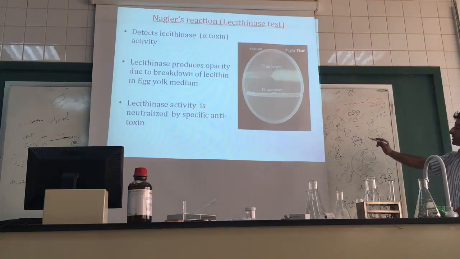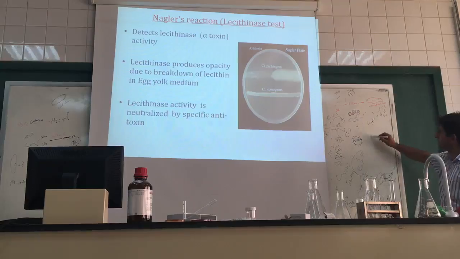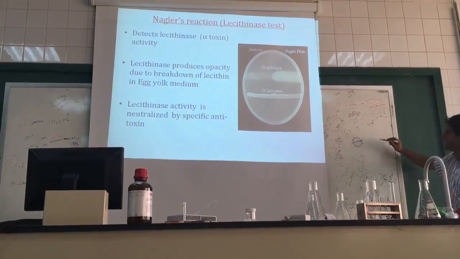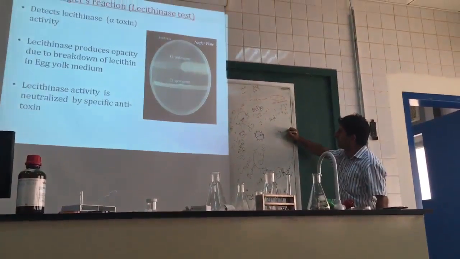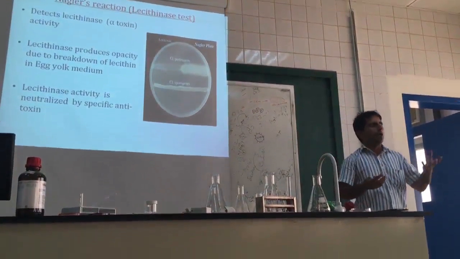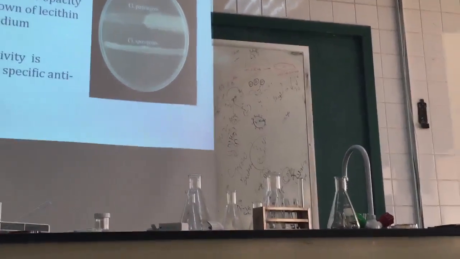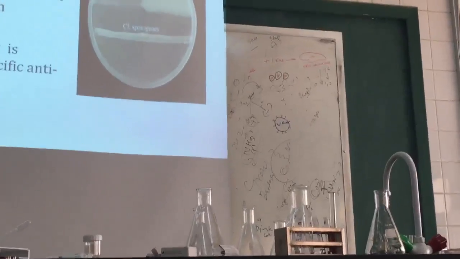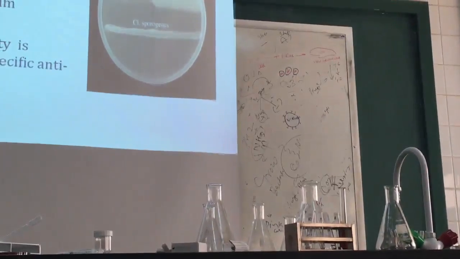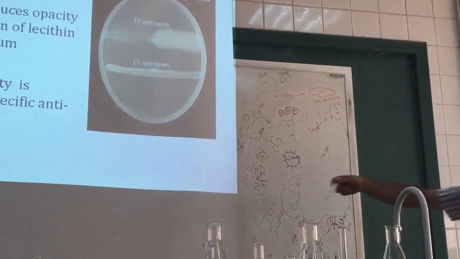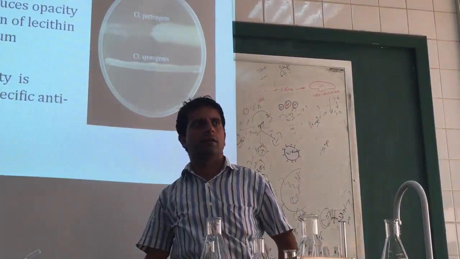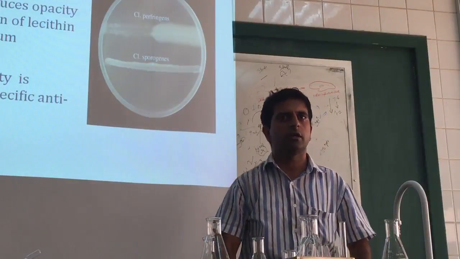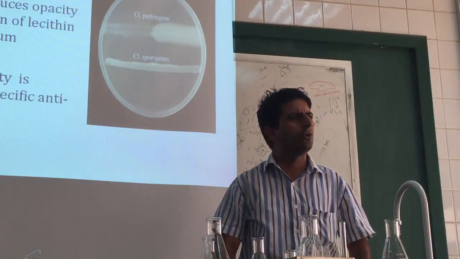Usually in the Nagler's reaction we have a media. This is the media. This media contains egg yolk. You see egg yolk, yellow. Egg yolk contains lecithin. Have you heard this name before? You heard this name in biochemistry? No?